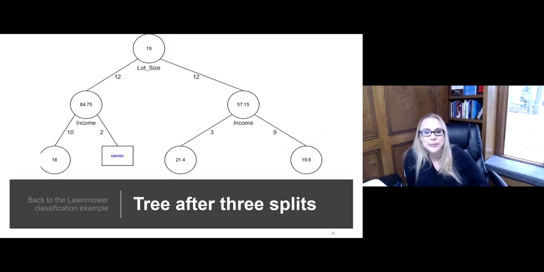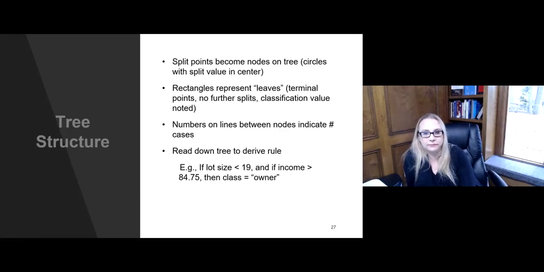Then the next one was based on income, whether it was greater than or equal to 84,075. And so now we see here on the left, if the income was higher, then those were going to be owners, and then the rest would continue to split. And what we would see is that it would continue to expand until you get an optimal solution before you start to prune that decision tree.